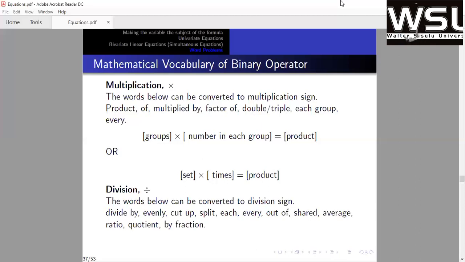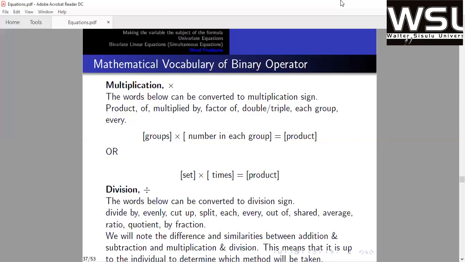So it's up to you to listen to the statement when you read it out loud. So we'll also note, of course, the difference in similarities between additions and subtractions, and of course multiplication and division, as we've also noted with the 2 words every and each.